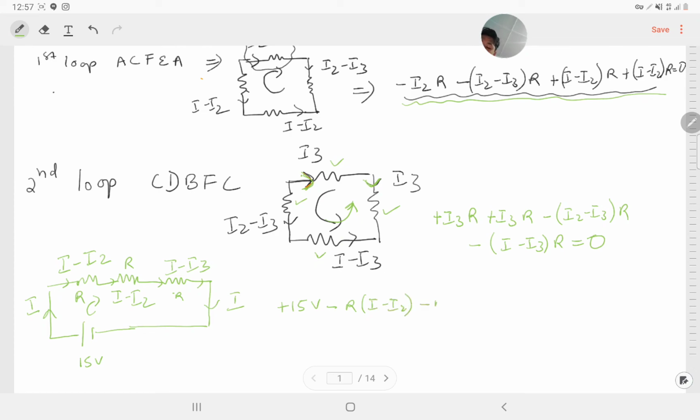Same with that, negative R I minus I2. And last one, same direction of current and the loop, negative R I minus I3. This is going to be equal to 0. So what we have is first equation, second equation, third equation. Okay, now this I is going to get cancelled.